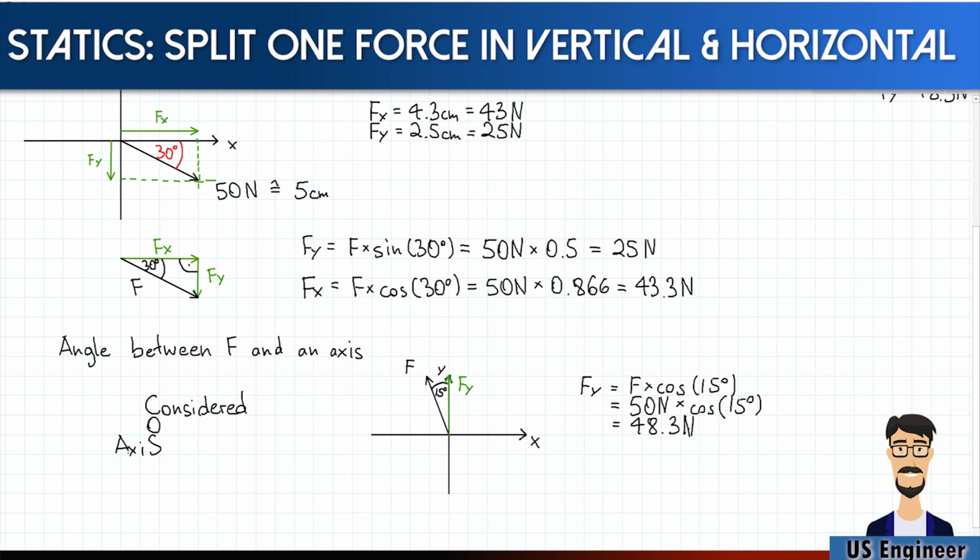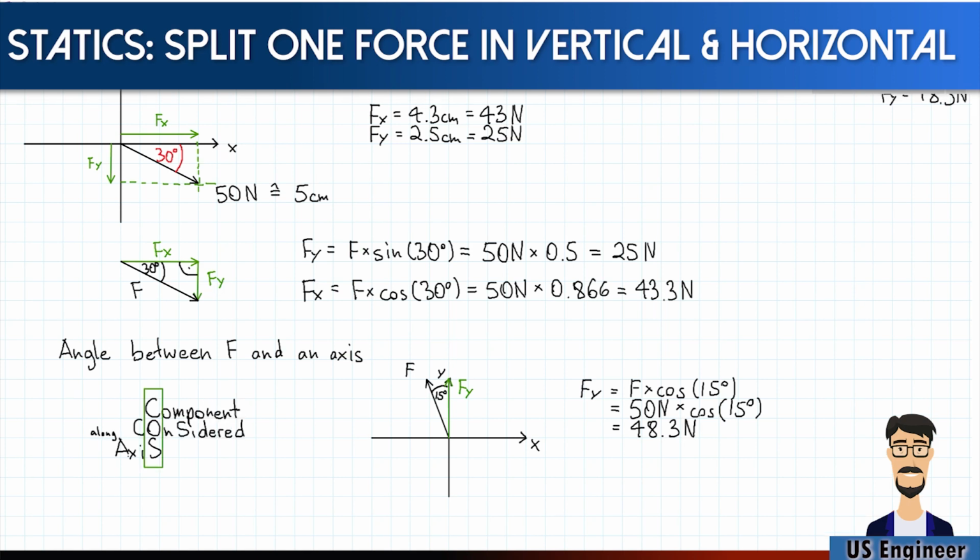And if we apply this mnemonic to our previous calculation, well, you can see that our angle of 30 degrees is an angle between F and Fx, or x, both Fx and x show in the same direction, and that's our considered axis because that's the axis that encloses the angle together with the force F. Okay, so in that situation, use the cosine mnemonic.